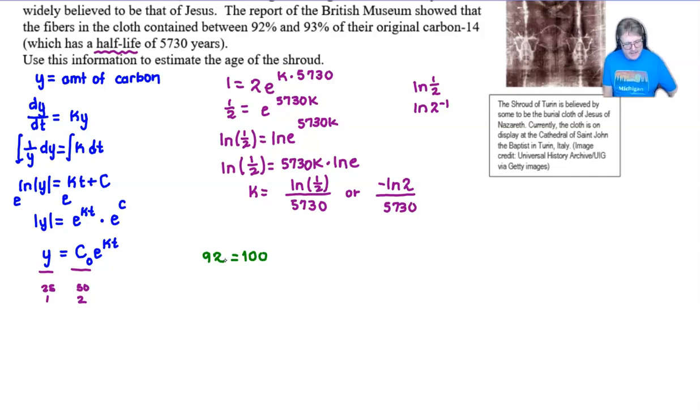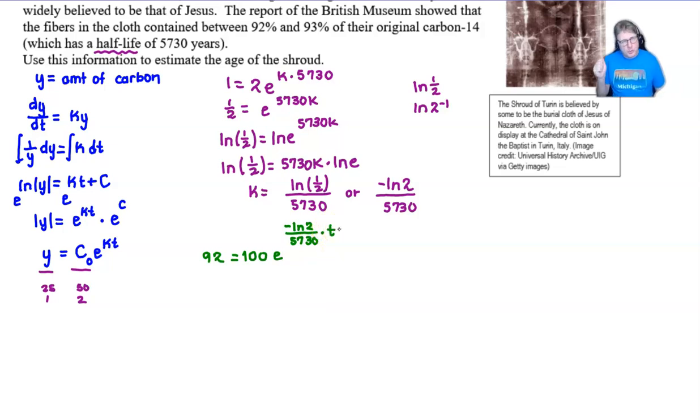And so we've got those two as our y and our C0, right? Don't forget, we've already figured out that our k is, I'm sorry, our k is the negative natural log of 2 over 5,730. And then that gets all multiplied by our time t, because that's what we don't know, right?